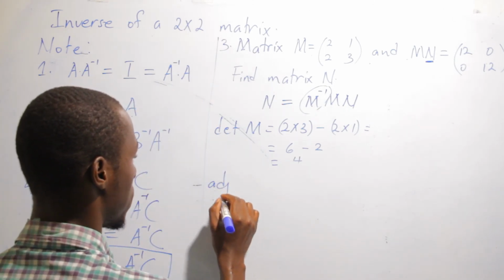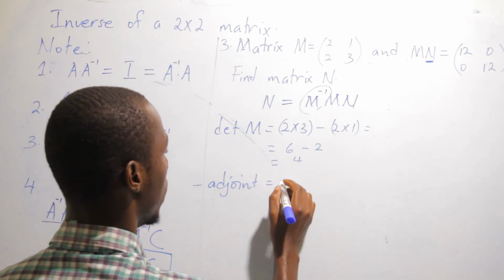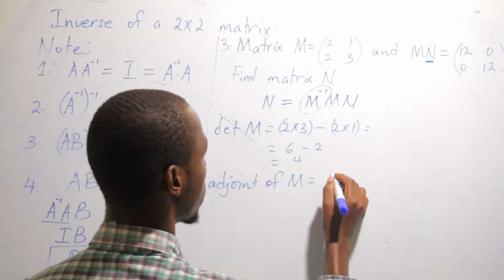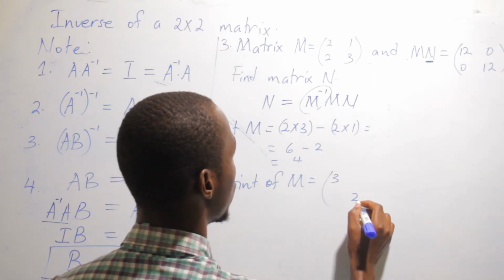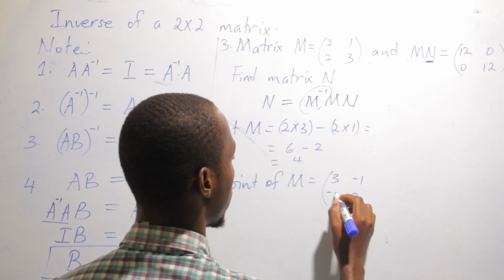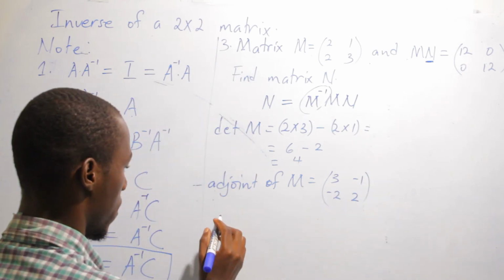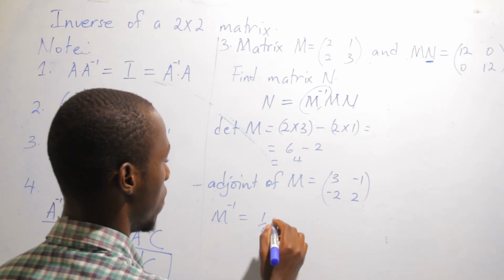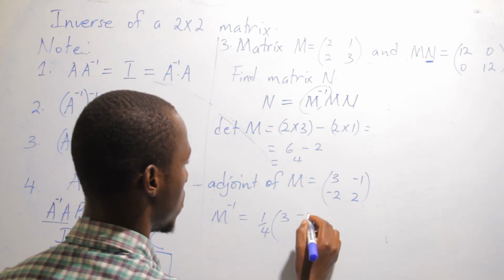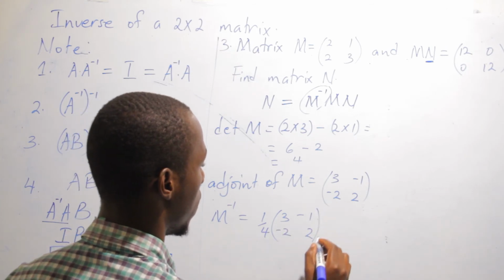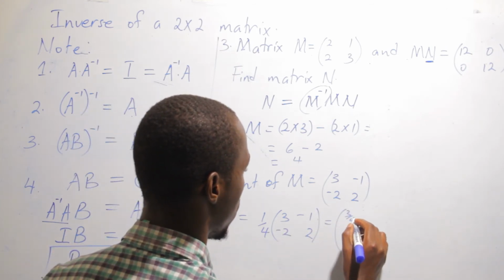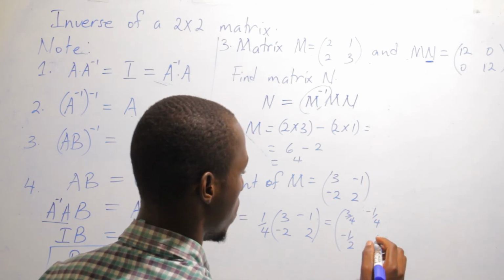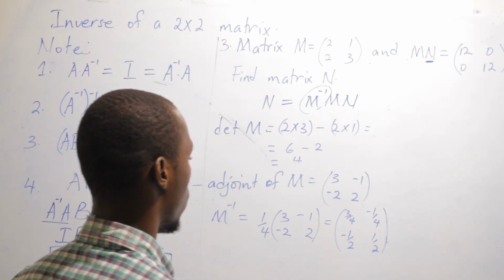Then the adjoint of M is equivalent to 3, 2, negative 1, negative 2. Then to get the inverse of M, this is 1 out of 4 times the adjoint, which gives me 3 all over 4, minus 1 all over 4, then 1 all over 2, and then 1 all over 2.